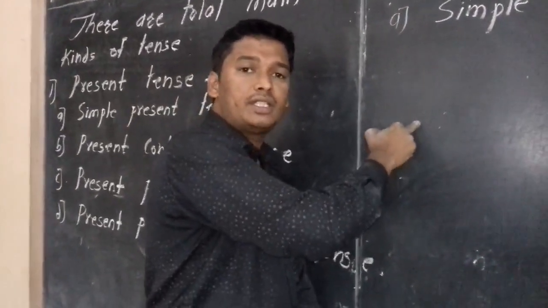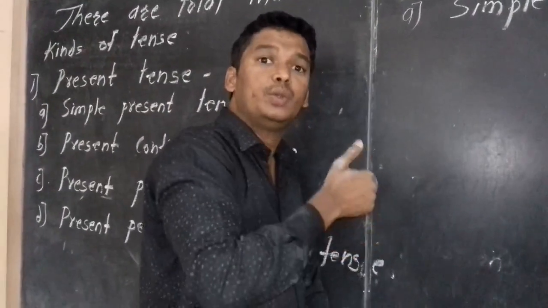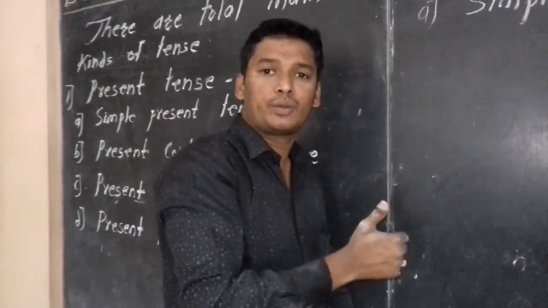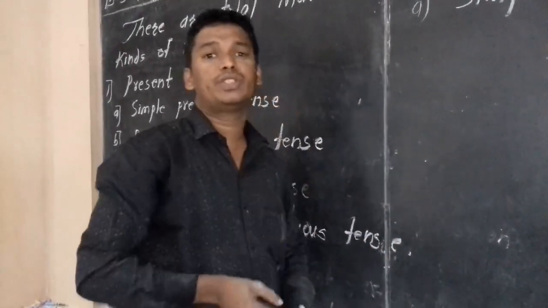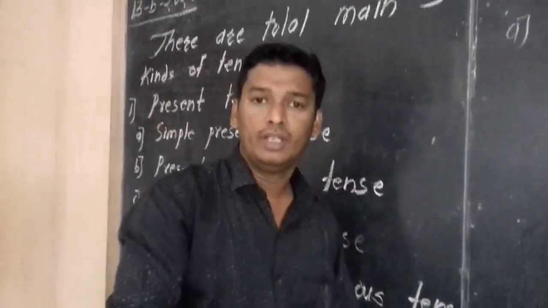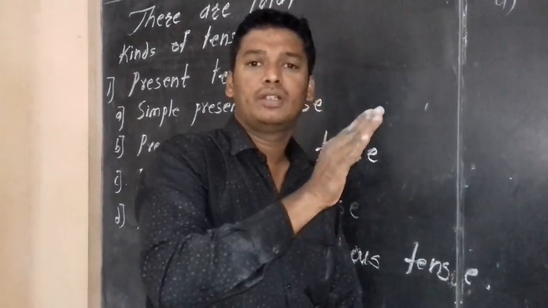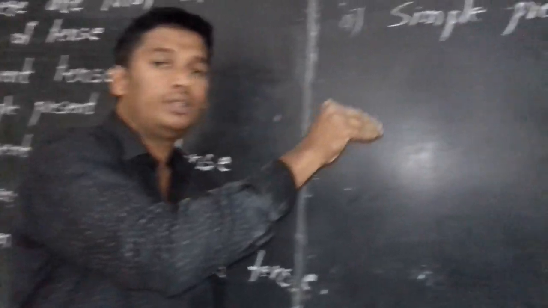Second, this tense is used to express universal truth. What is the meaning of universal truth? Universal truth is such truth which cannot be changed at any time, in any way. It remains true always. It cannot be changed, so it is universal truth.